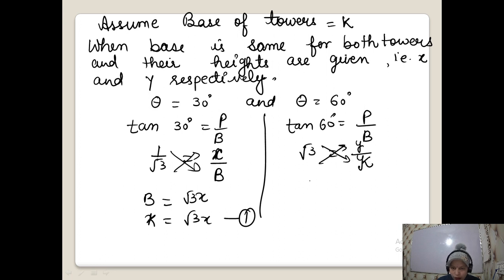After by cross multiply we will find root 3k is equal to y, and k is equal to y over root 3. That's your second equation.